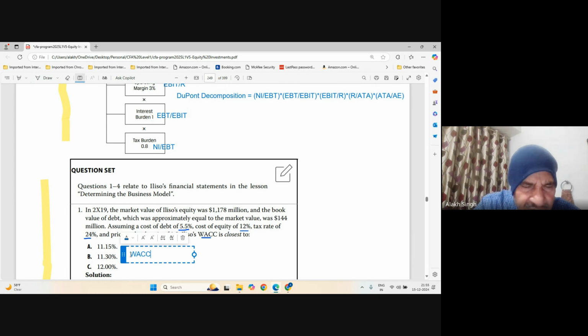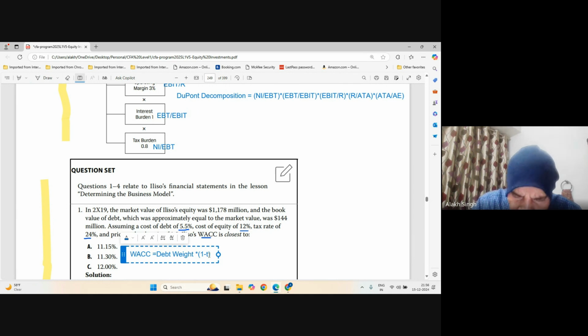WACC is equal to debt weight times cost of debt times 1 minus tax rate, since we get an income tax rebate, so 1 minus T, where T means tax rate.